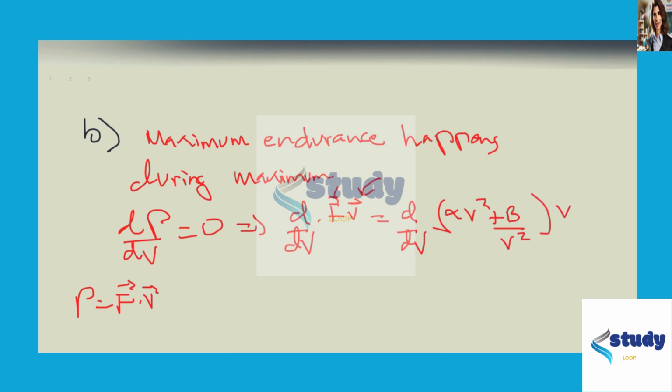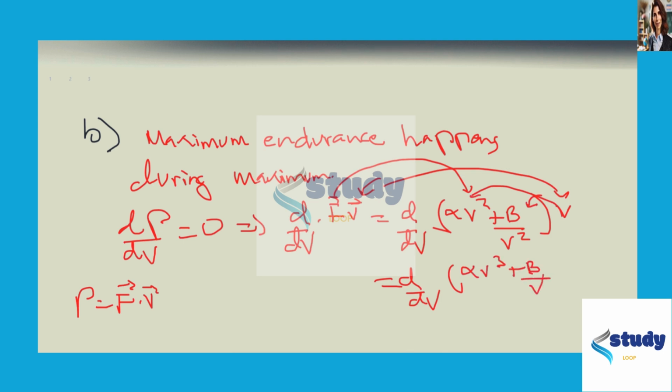So this is the force and this is the velocity. We're doing the derivative with the distributive property, bringing this velocity inside. We have alpha v cubed plus beta over v, because this v is going to cancel one of these v's.